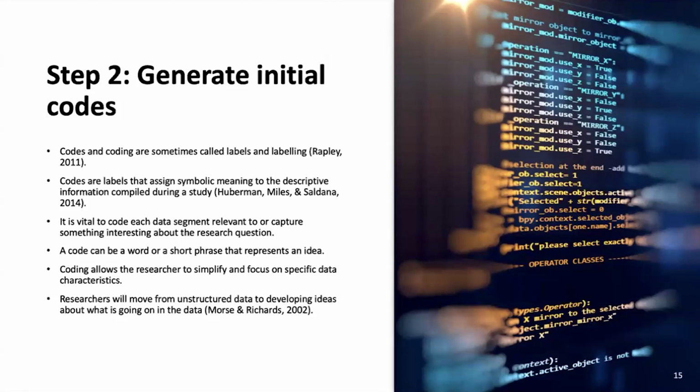It is vital to code each data segment relevant to or capturing something interesting about the research question. A code can be a word or a short phrase that represents an idea. So coding allows you as a researcher to simplify and focus on specific data characteristics. Researchers will then move from unstructured data to developing ideas about what is going on in the data.